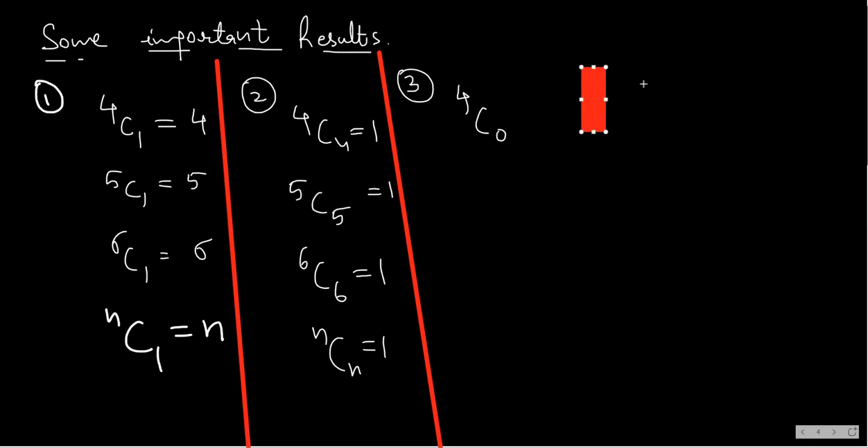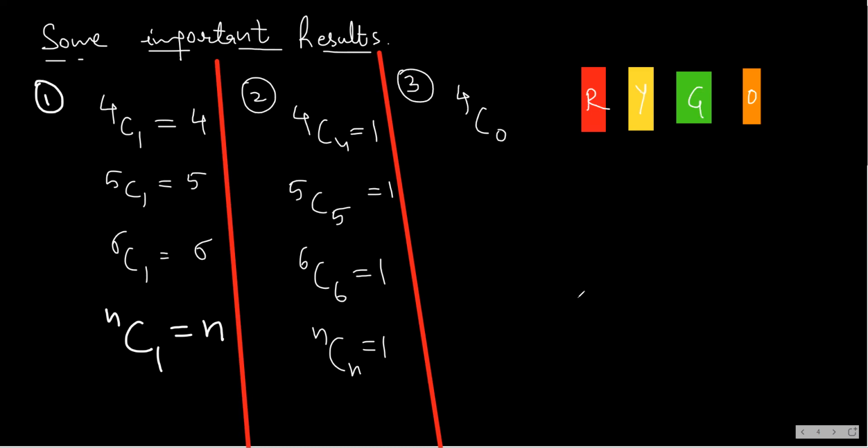Suppose I'm given red, yellow, green, orange. I'm given these 4 objects and I'm not selecting any object. So in how many ways can I not select any object?